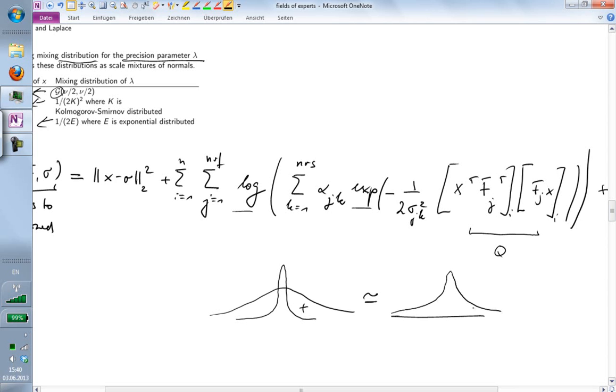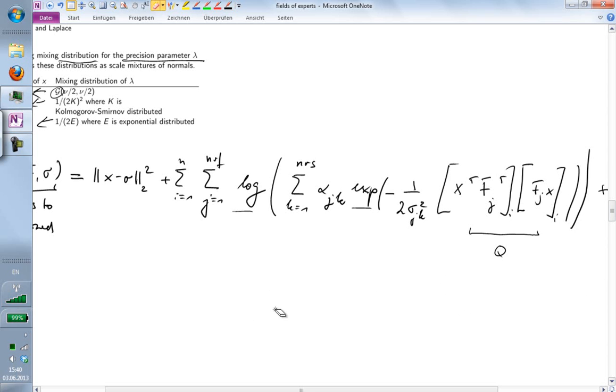And this can be made to look like a Student t-distribution or a hyper-Laplacian or actually anything else if your data suggests anything else. So essentially, everything that is symmetric and monotonically decaying, you can represent by such a mixture of Gaussians.